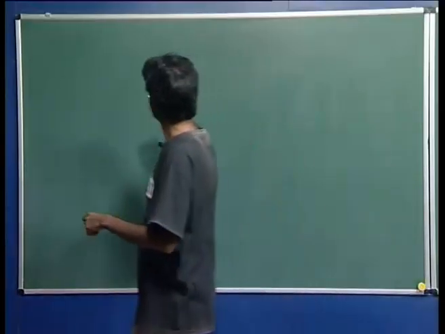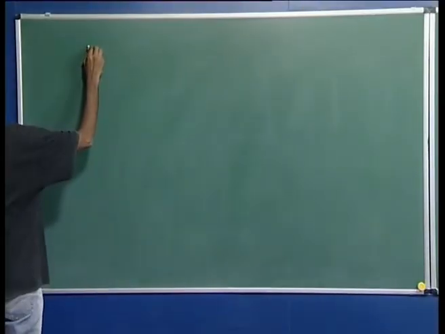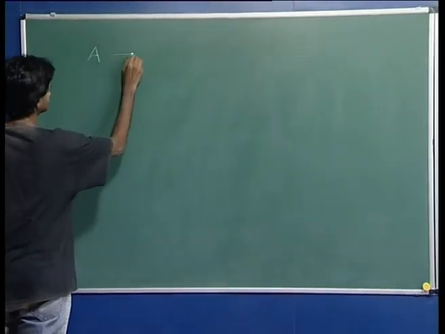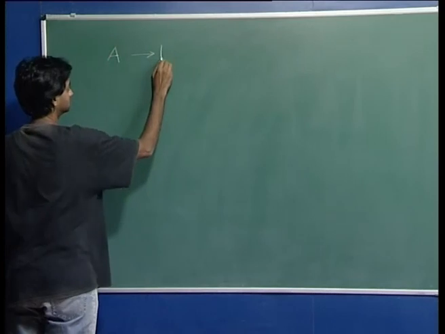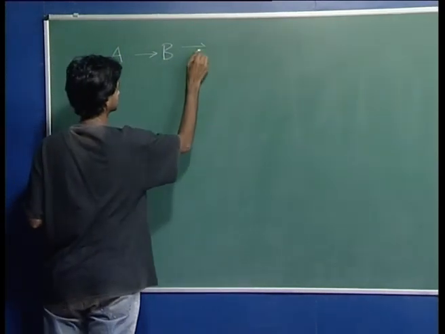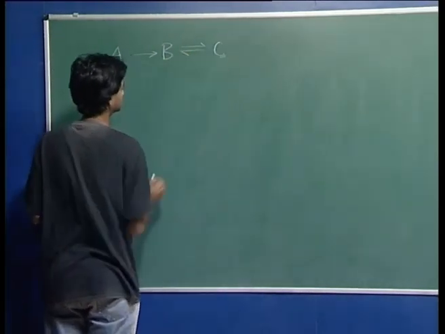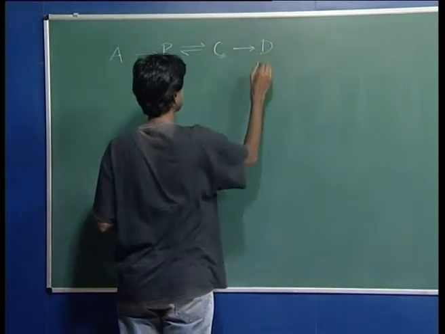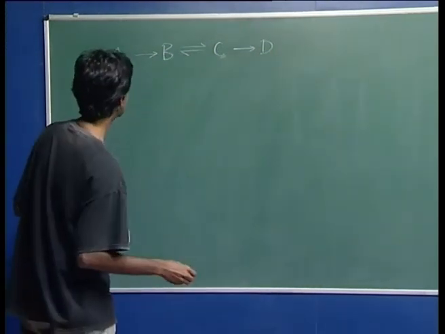So the problem statement is the following: you have a series of reactions, A going to B, which reversibly goes to C, and that gets converted to D. Okay.